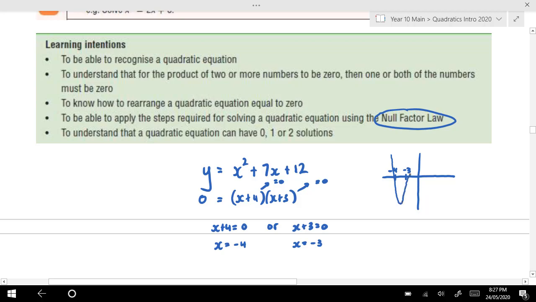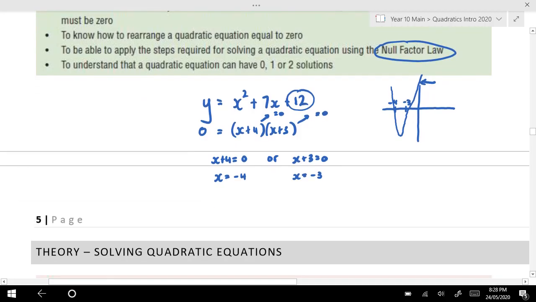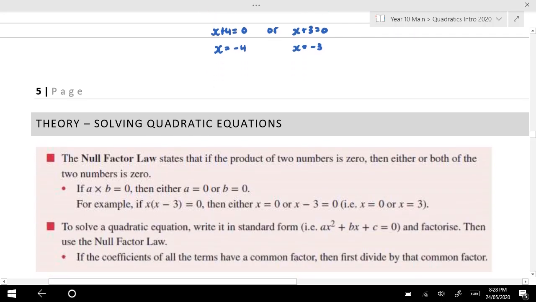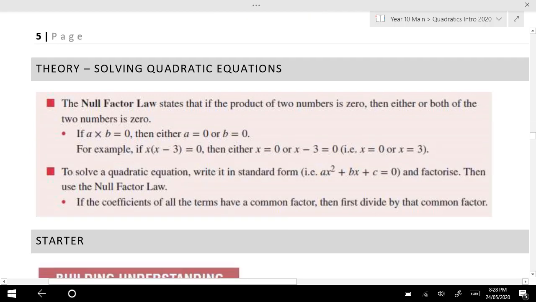There are my x-intercepts. And we can find the y-intercept as well. The y-intercept is when x equals 0. So when x equals 0, the y-intercept would be 12, wouldn't it? So that's why we're doing all of this. Later on when we start looking at parabolas, if you have a quadratic equation, you'll need to factorize and solve and use what's called the Null Factor Law.